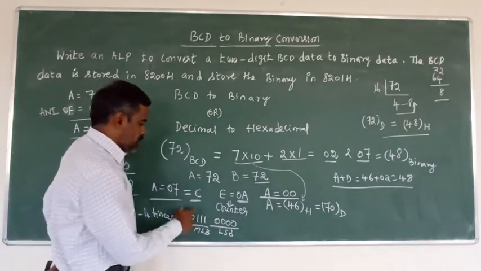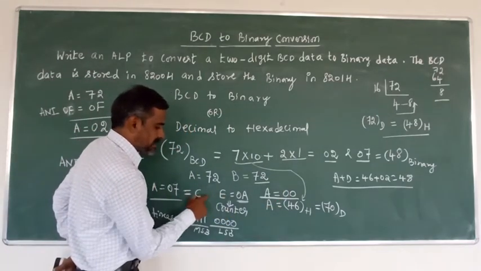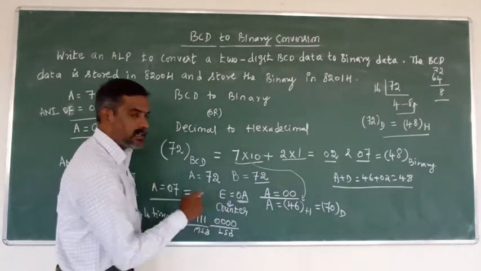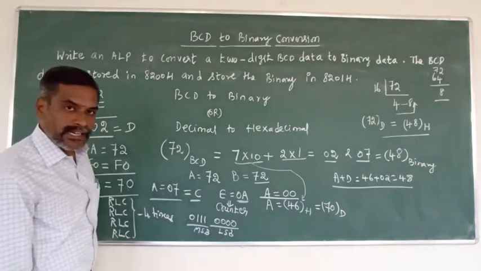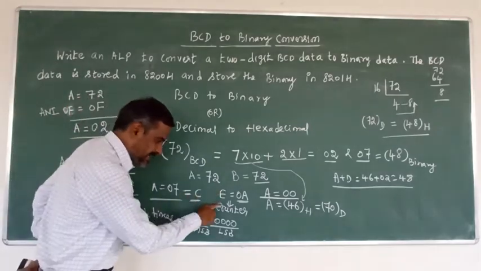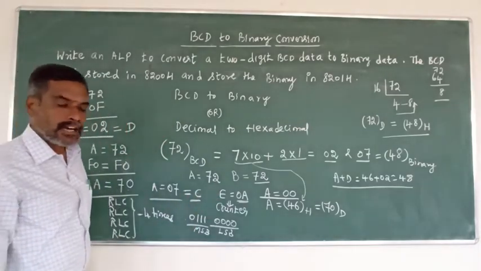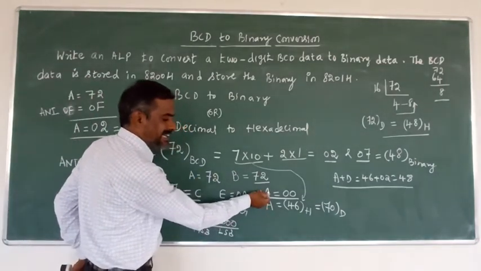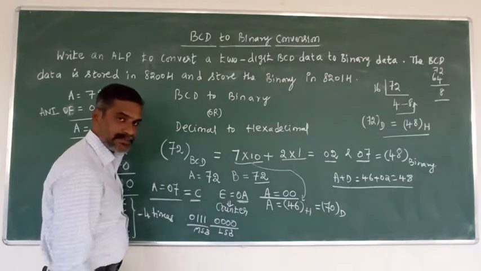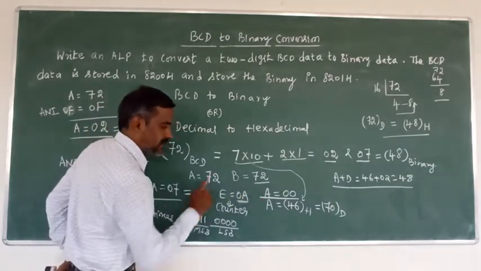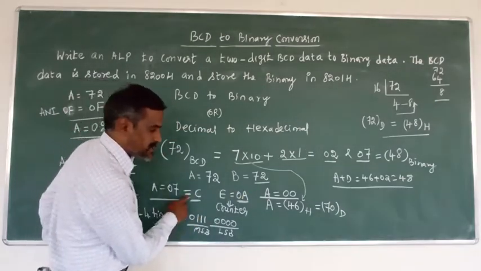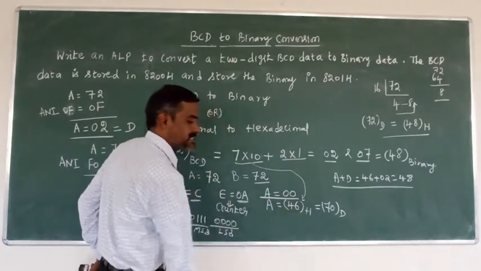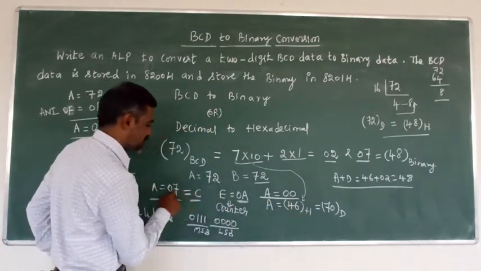Now to fix any one register data for counter, the E register for counter, the C register data we can add with the A register 10 times.